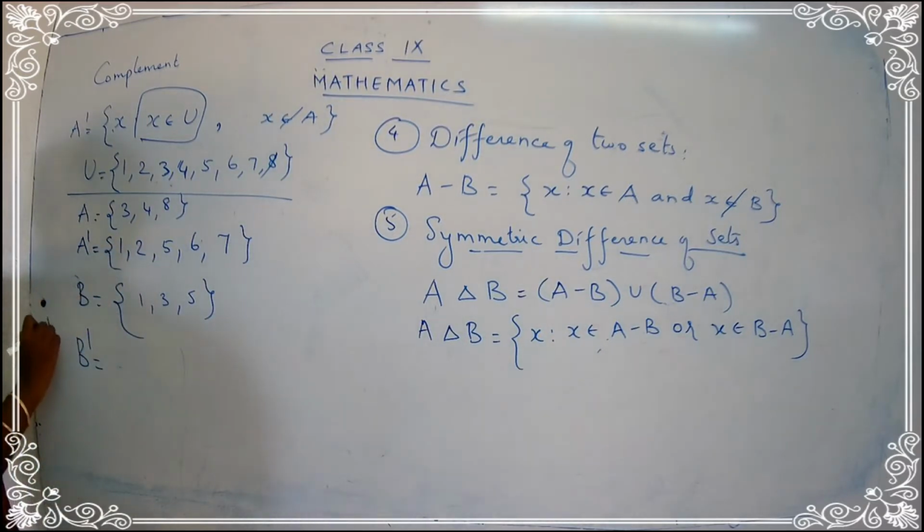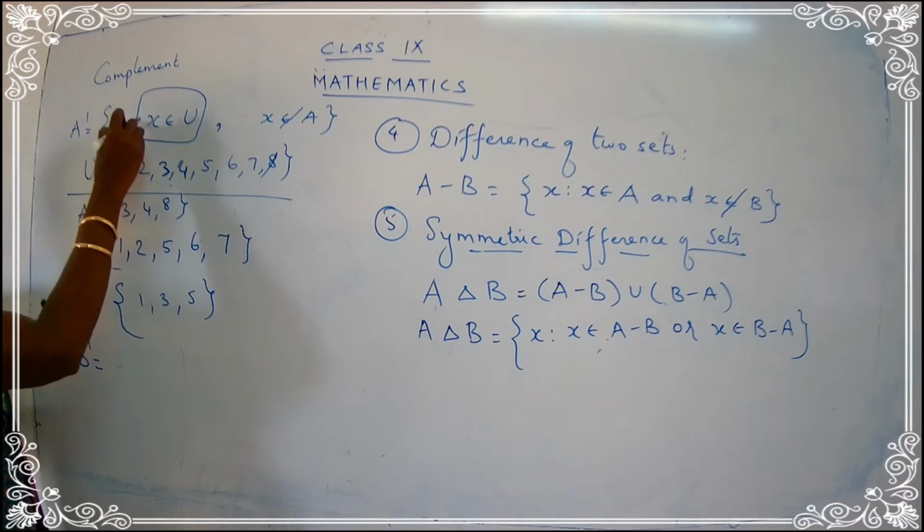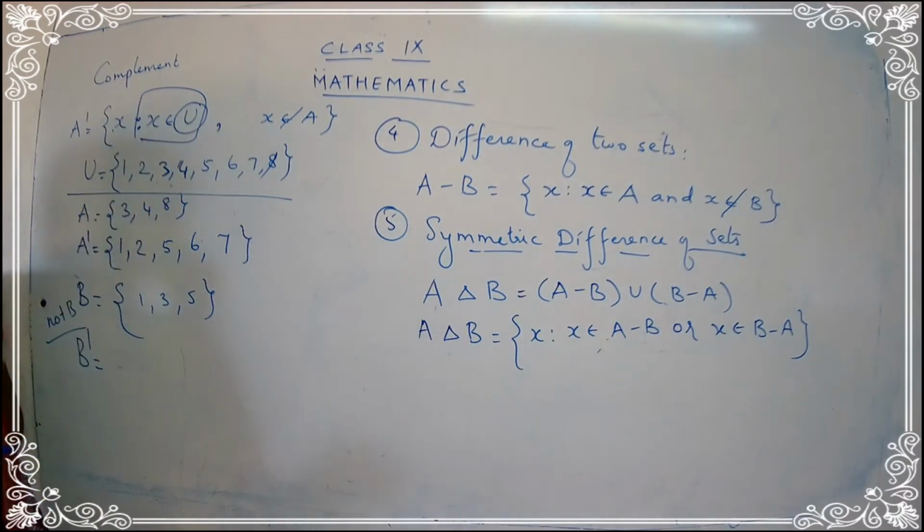Okay, simple. We'll just go in simple terms. I'll not make you confused. B dash means not B. That means I don't want 1, I don't want 3, I don't want 5. So from where are you going to take the value? You are going to take the value from U, from the universal set.